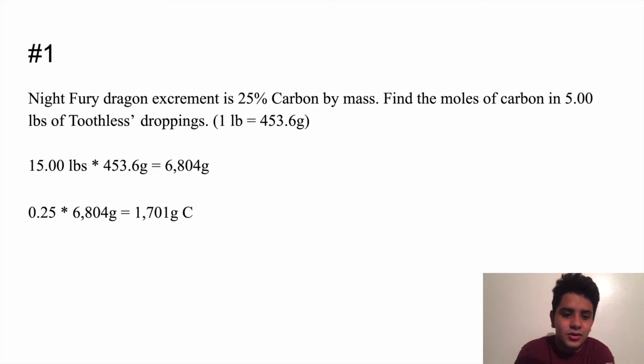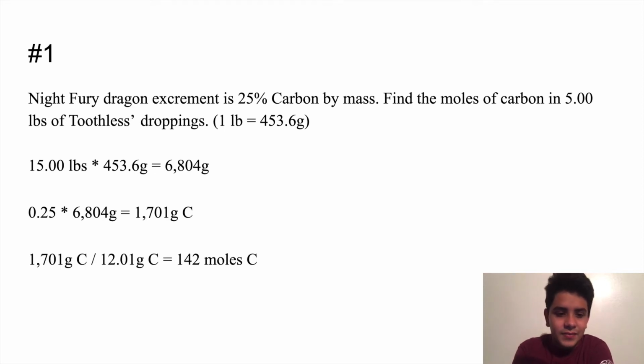So you do your conversion and you find that it is 1,701 grams of carbon. Now, once you have all that, you're trying to find how many moles of carbon. So you do your mole conversion using your molar mass from the periodic table, and you find that it's 142 moles of carbon.